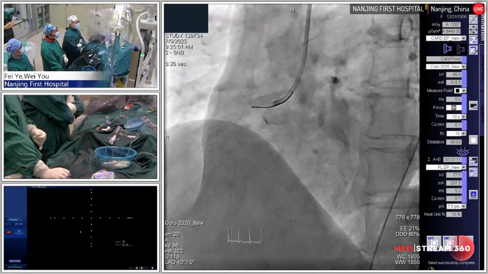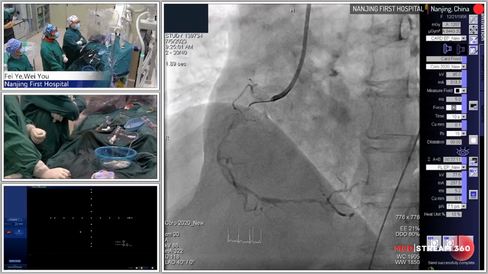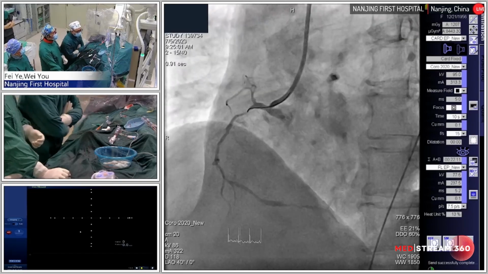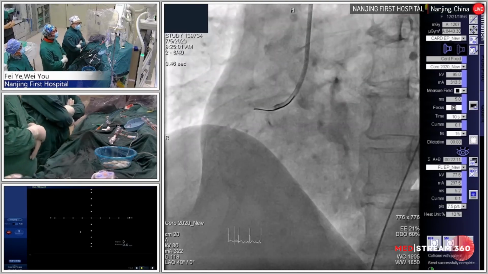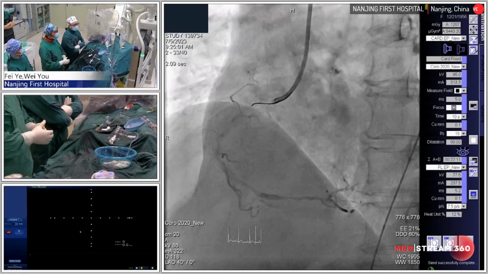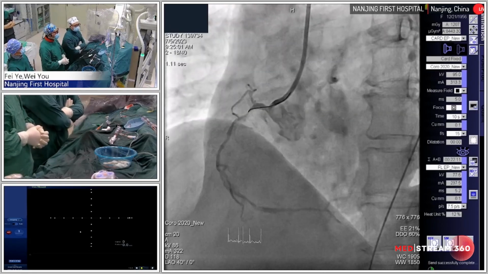Before that, our team compared both sides of the occlusion, weighing the benefit and risk ratio, and we decided to treat the RCA. The main reason is that the RCA is the recipient vessel. You can see the donor flow from the circumflex.